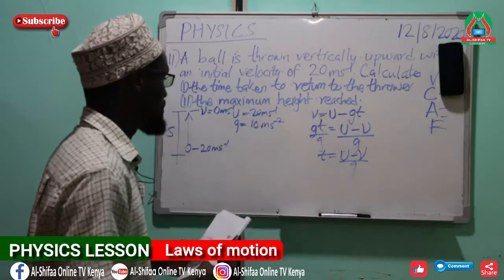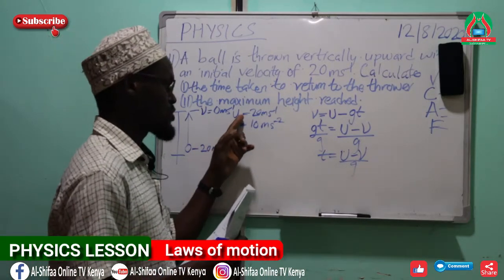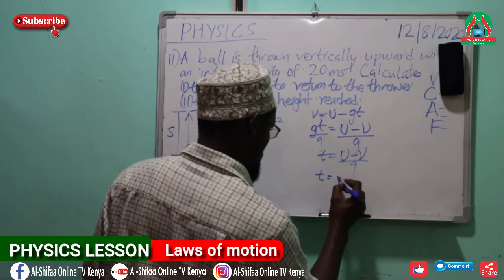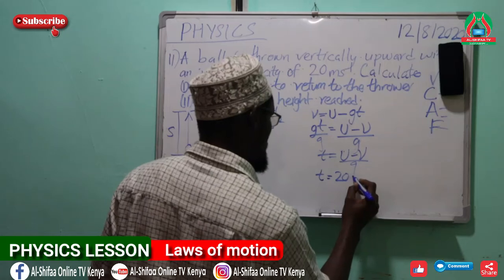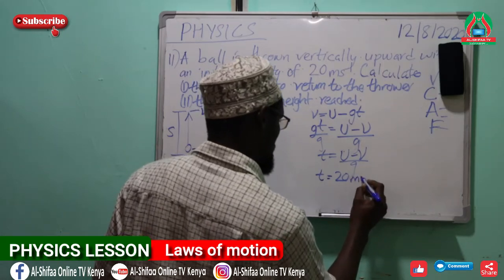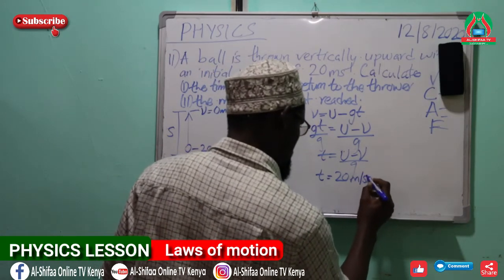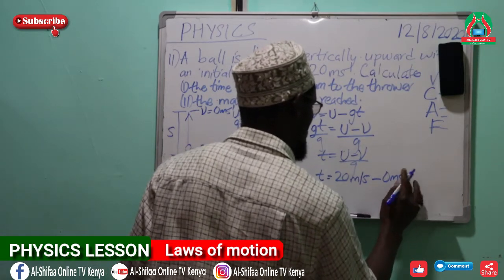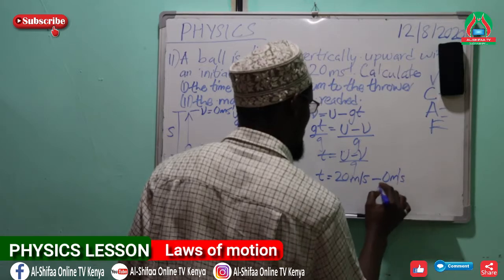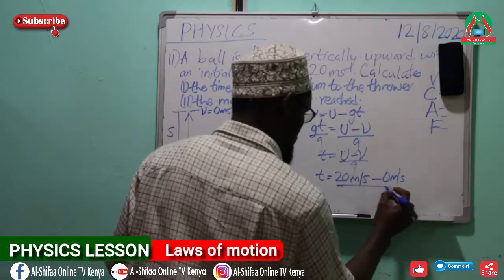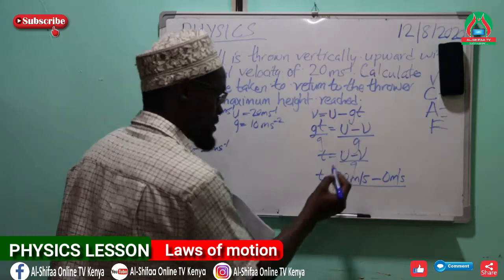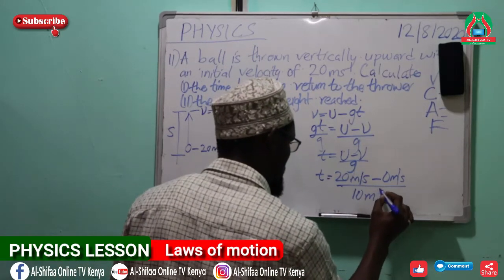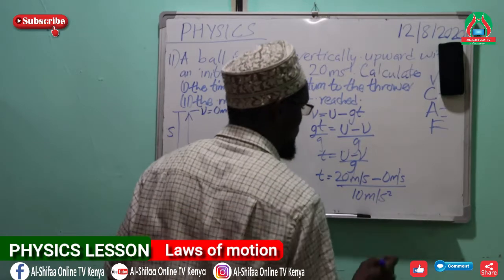So we insert the values. Our initial velocity is 20, so t is equal to 20 meters per second minus 0 meters per second, over g, the gravitational pull, which is 10 meters per second squared.